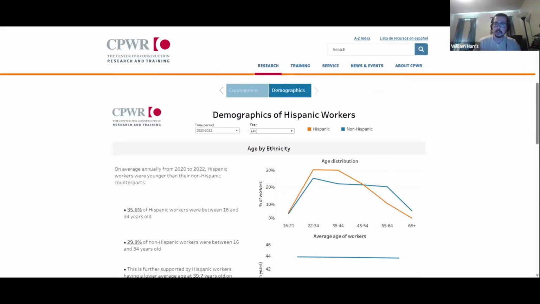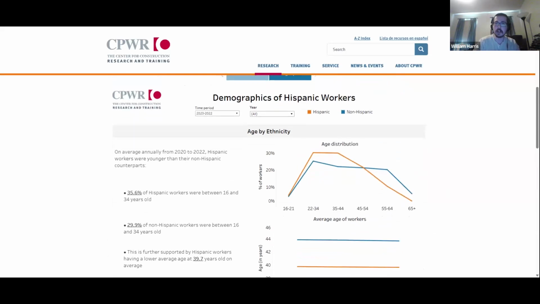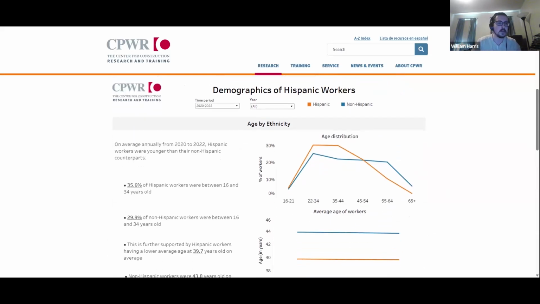But moving ahead, on the demographics of Hispanic workers in construction, we'll be looking at trends from 2020 to 2022. Generally speaking, within construction, Hispanic workers are younger than their non-Hispanic counterparts.